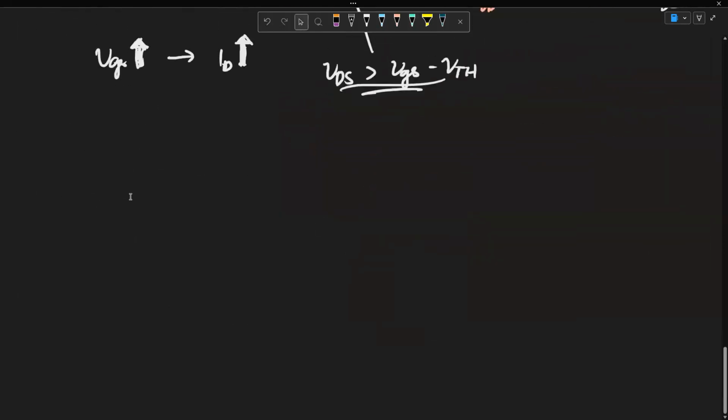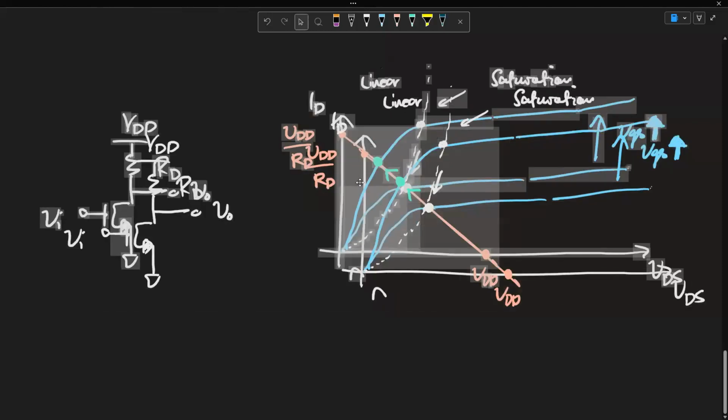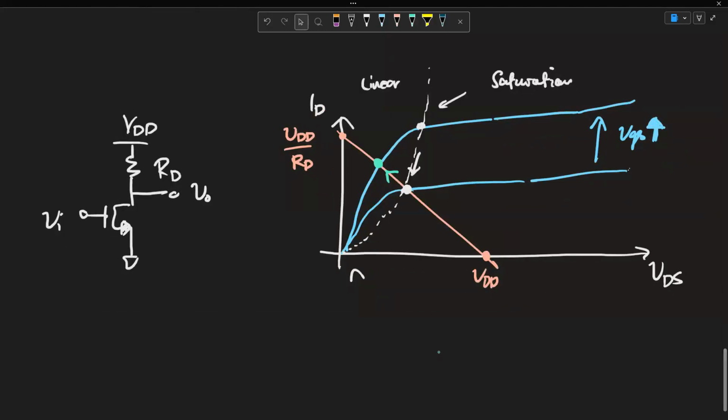Sige. So now from there, let's further change the circuit. So we've experimented with changing the input biasing. Now, let's try changing the load line. Yes, the load line.